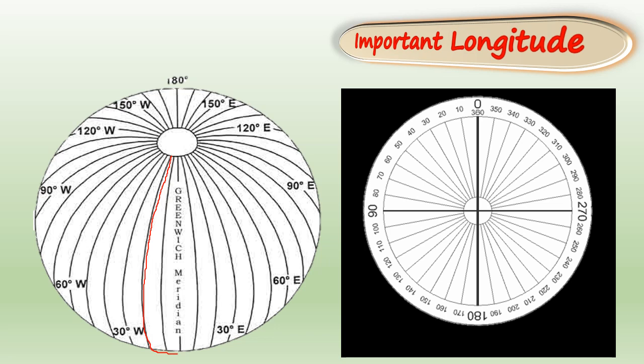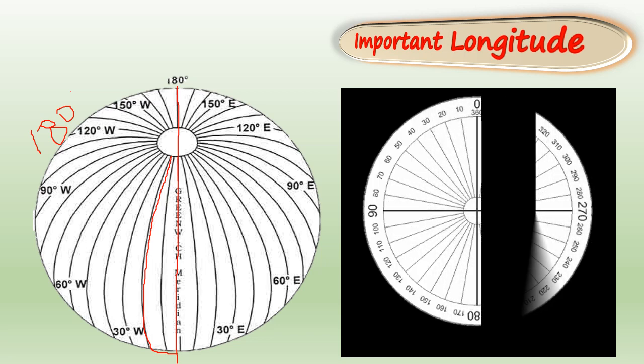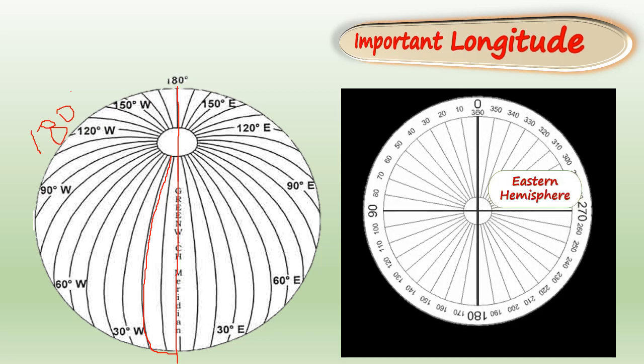Yes, children. So 180, see, this is the center one. So 180 this side and 180 the other side. Yes, children. 180 in the Western Hemisphere and 180 in the Eastern Hemisphere.